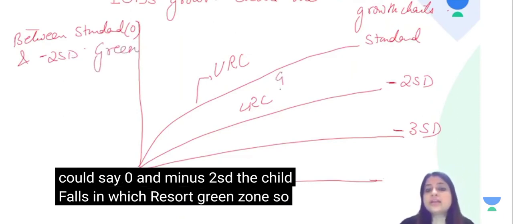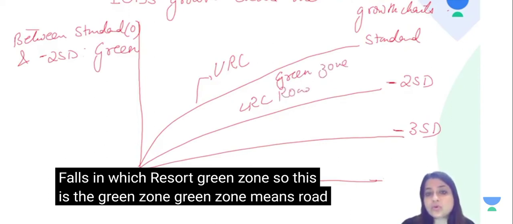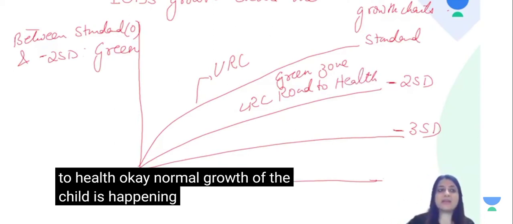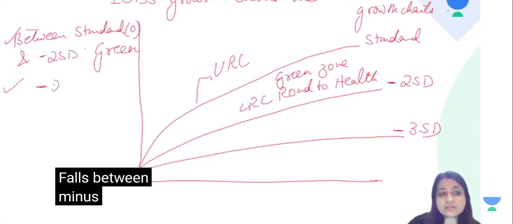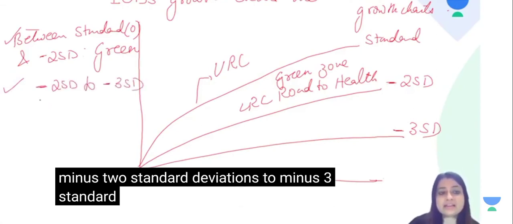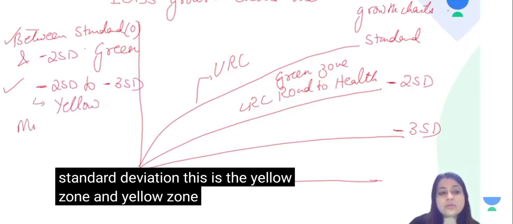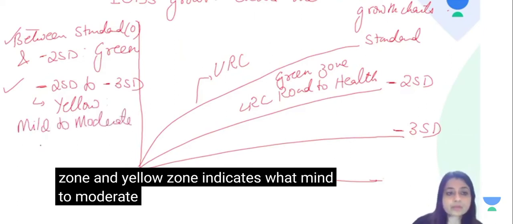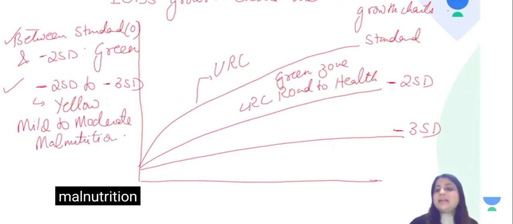Green zone. So, this is the green zone. Green zone means road to health. Okay, normal growth of the child is happening. Then, if the child falls between -2 standard deviations to -3 standard deviation, this is the yellow zone. And yellow zone indicates what? Mild to moderate malnutrition.